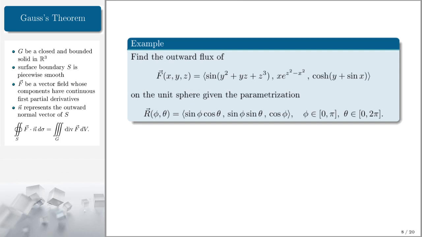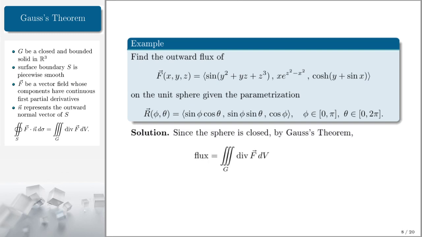The unit sphere is again closed, ergo you can use Gauss's theorem, and thus the flux will be the triple integral of the divergence of F over my solid G. Since the first component of my vector field does not have an x, the second component does not have a y, and the third component does not have a z, the divergence will just be 0, giving me a 0 flux.